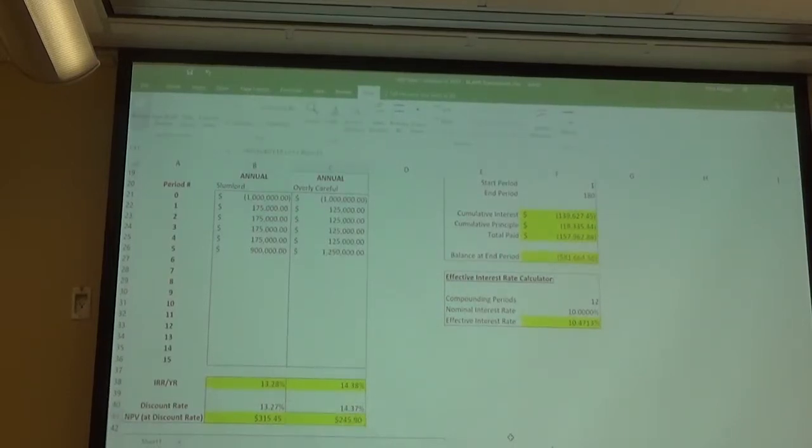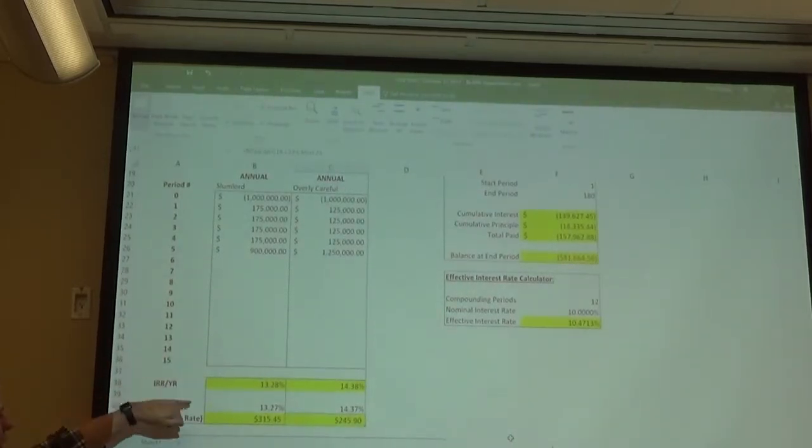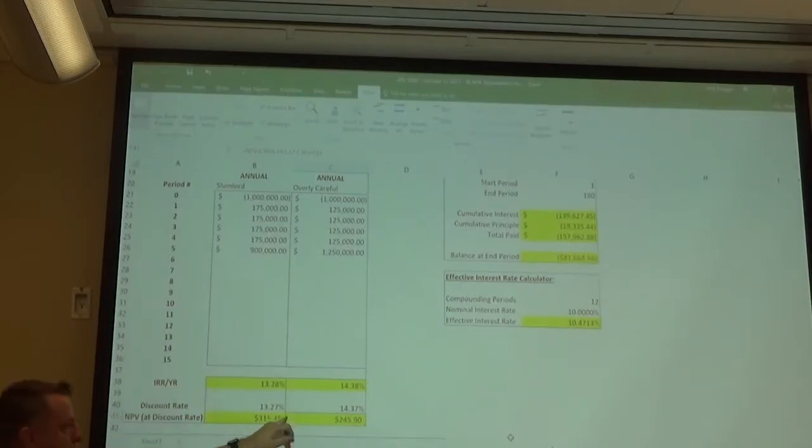Okay? Because now we're ever so slightly above the hurdle rate with our internal rate of return, therefore we are generating a minuscule dollar return beyond the required hurdle rate.